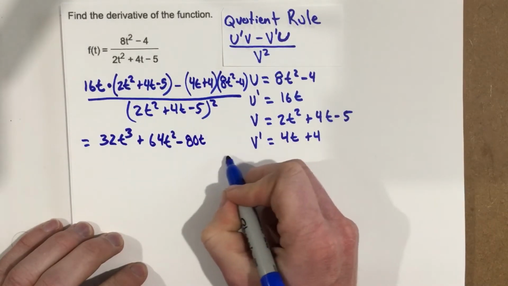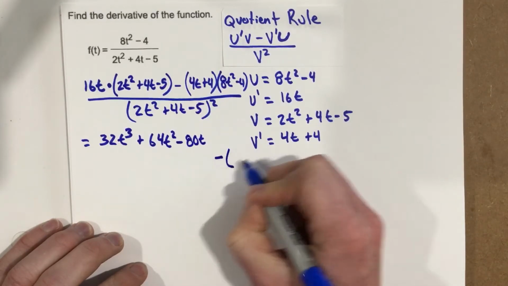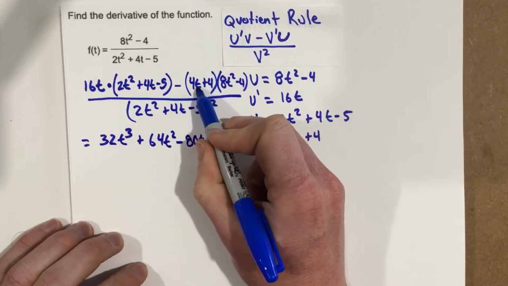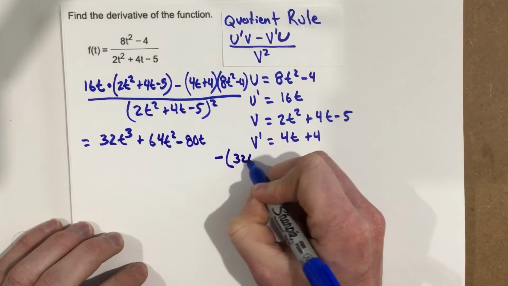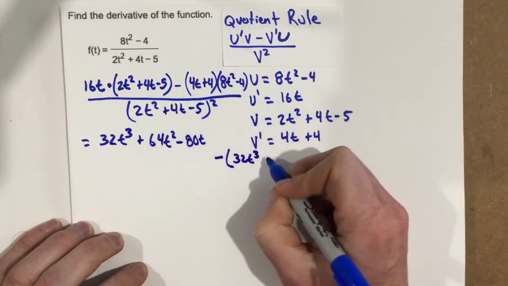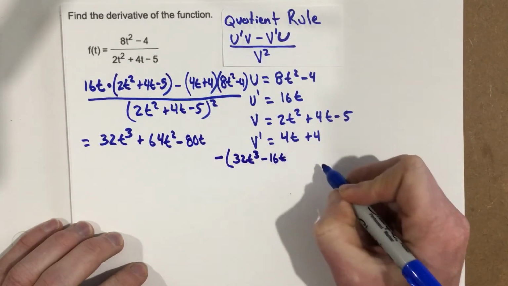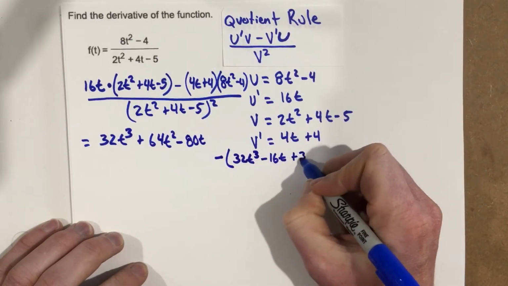Minus, and I'm going to write this down a little lower so I avoid my other work. 4t times 8t squared is 32t cubed. 4t times negative 4 is negative 16t. 4 times 8 is 32t squared.